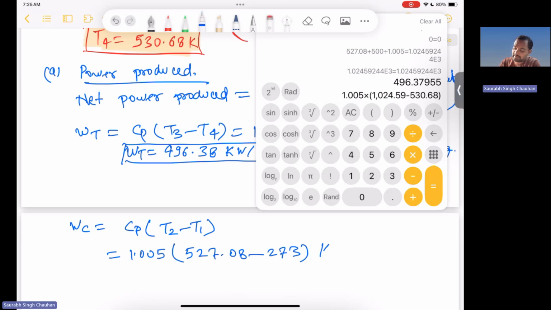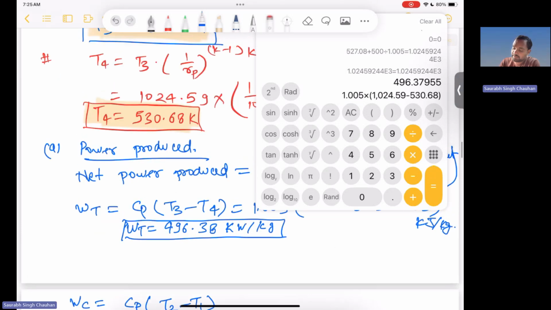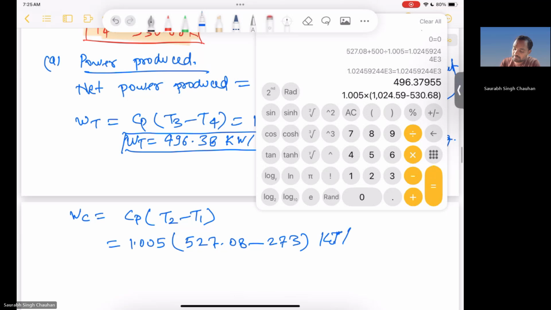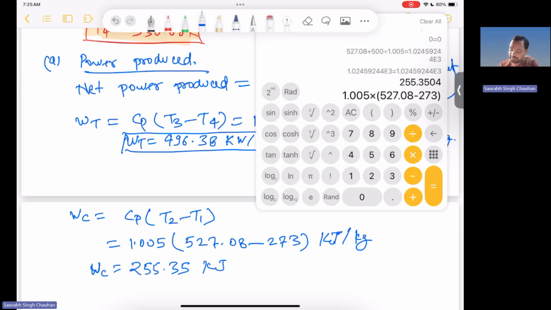Again, we will get this value in kilojoule per kg. 1.005 into (527.08 minus 273). So compressor work is 255.35 kilojoule per kg.